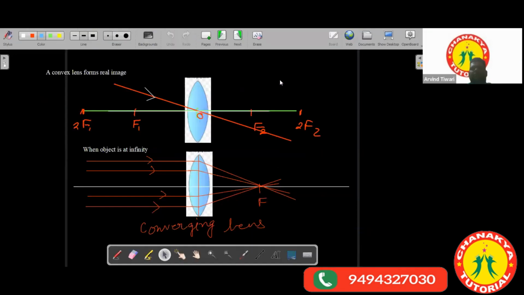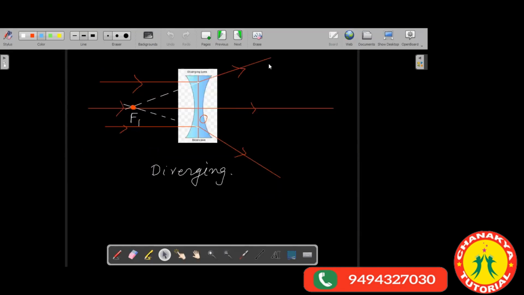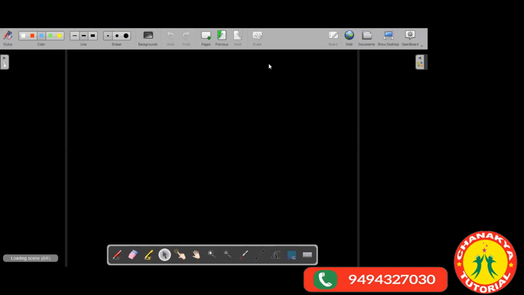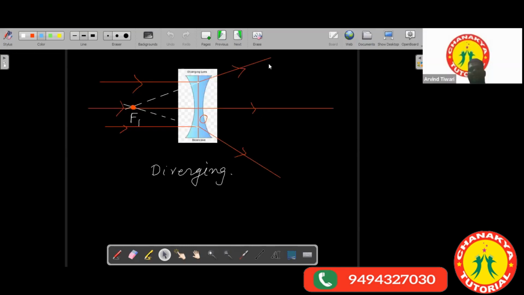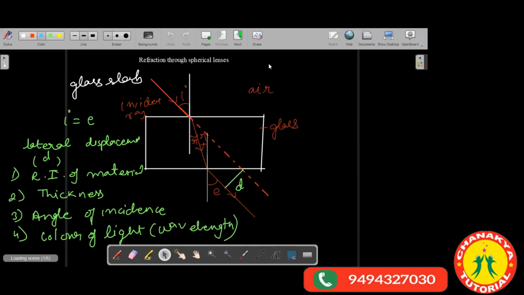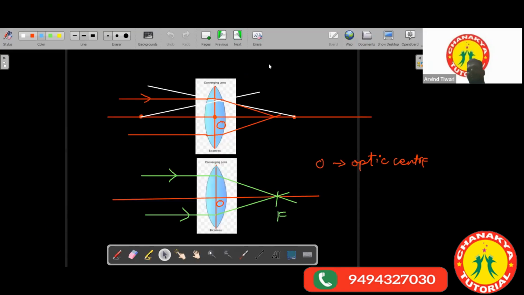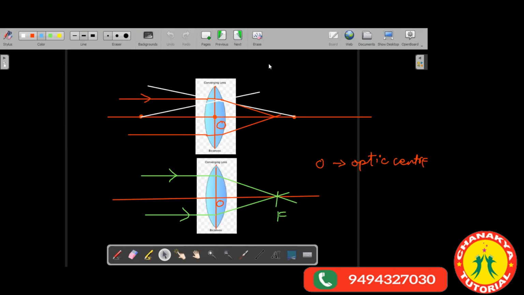Okay, so you are talking about which of these ray diagrams? Yesterday we had drawn all these ray diagrams. This was your first one, glass lab. Then you had lenses. Then you had this.